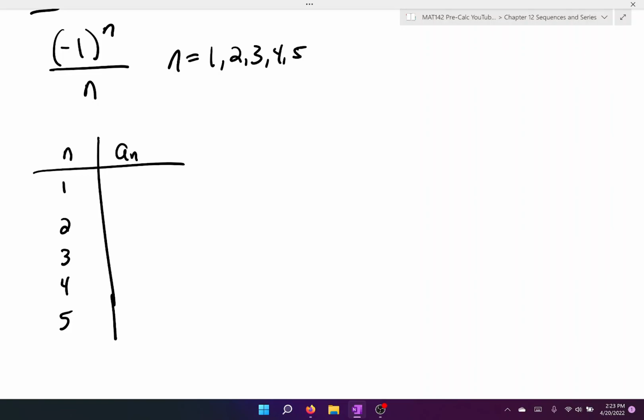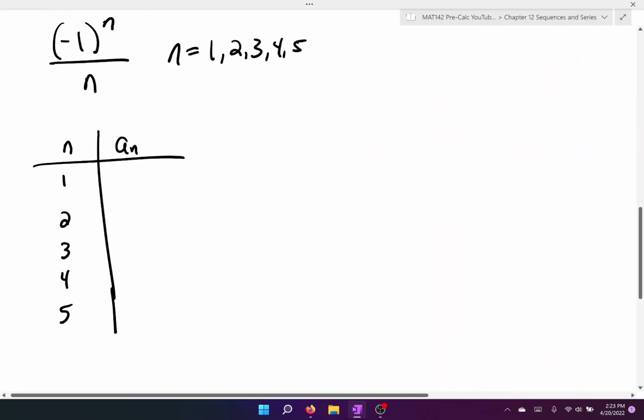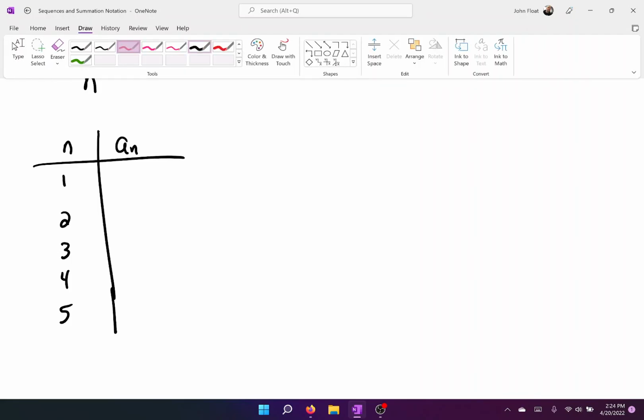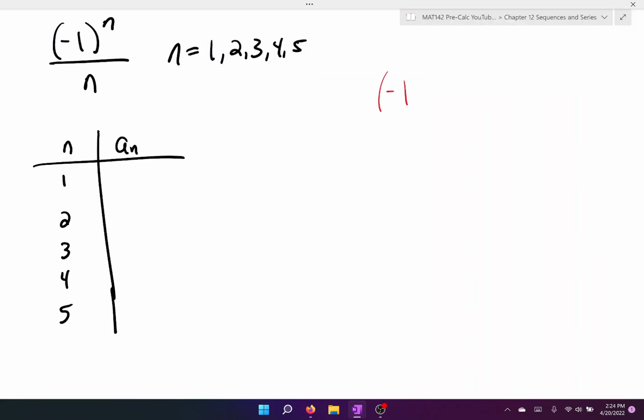What's really interesting about this sequence, and I'm going to write this in red so you know exactly what I'm talking about, is when we have this -1 to the n power, or -1 to the n plus 1, or -1 to the n minus 1, it doesn't really matter.